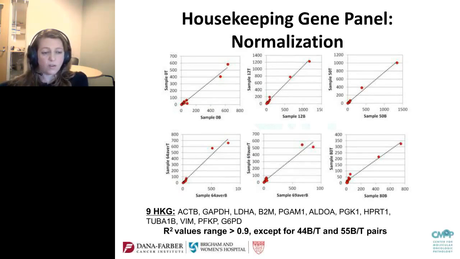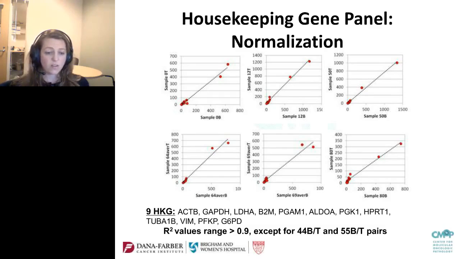In order to dig down into what the best normalization strategy is to compare all the transcripts across the different samples, plates, and runs, we looked at identifying a panel of housekeeping genes that could be used for global normalization or sample-to-sample normalization.